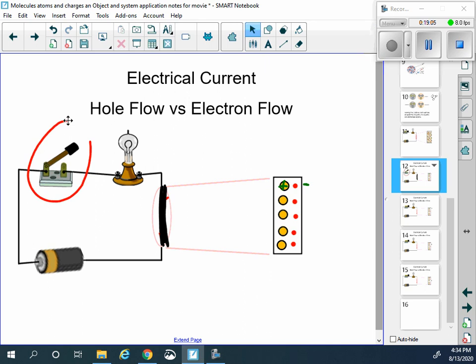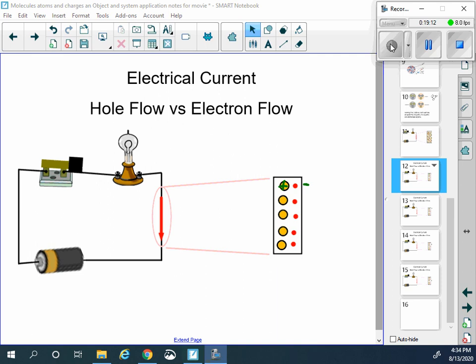Now all of a sudden, I'm going to turn this on, and now electricity flows. Well, what's happening now? If negative charges are the charges that move, and they want to go to a positive charge, then these electrons want to start moving over to this battery. But they're not all going to move at the same time.